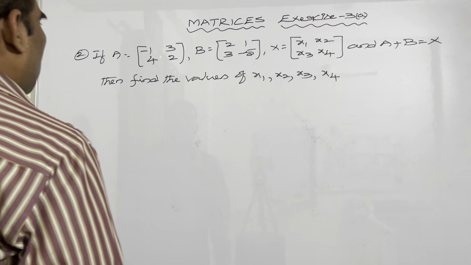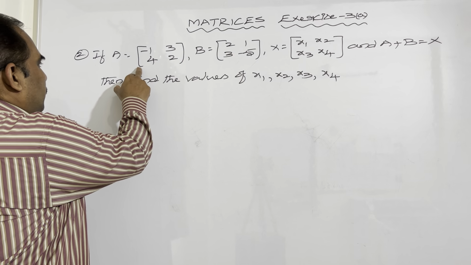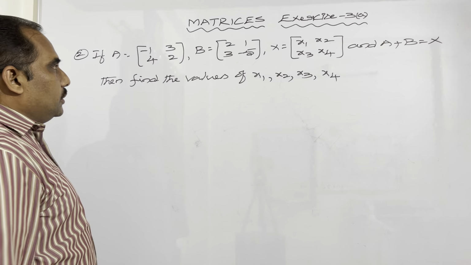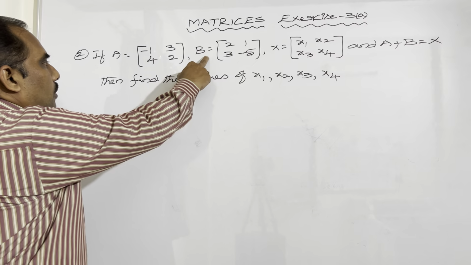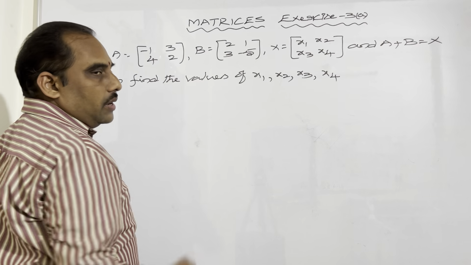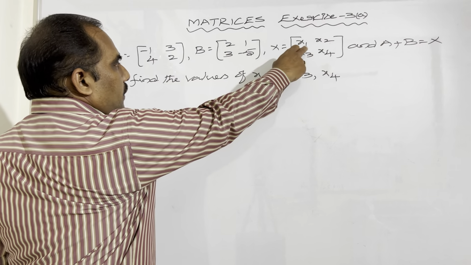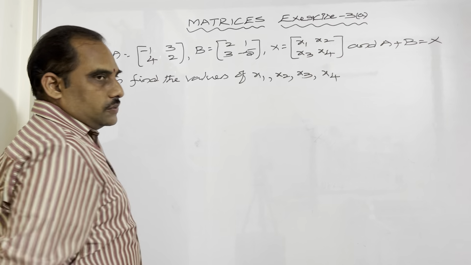The next question is, if A is equal to the matrix minus 1, 3, 4, 2, B is equal to 2, 1, 3, minus 5, and X is equal to x1, x2, x3, x4.